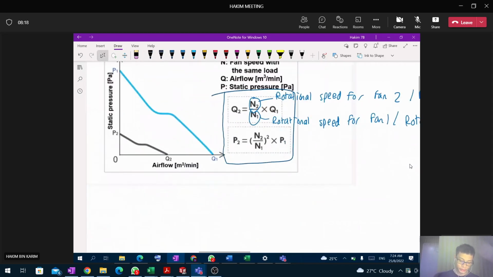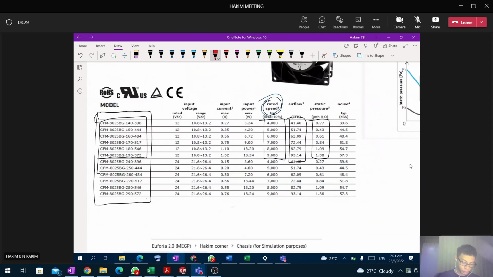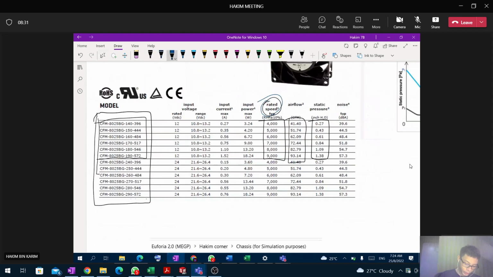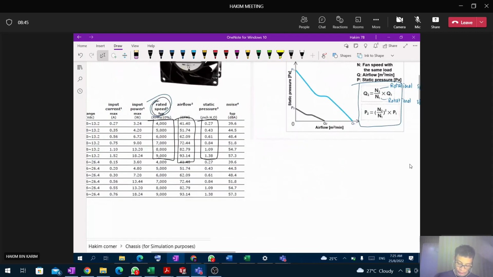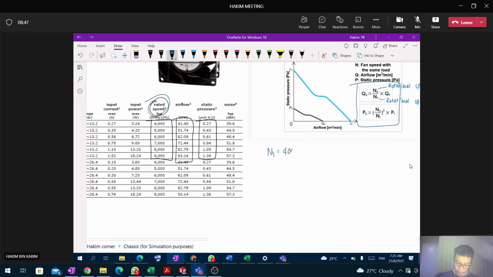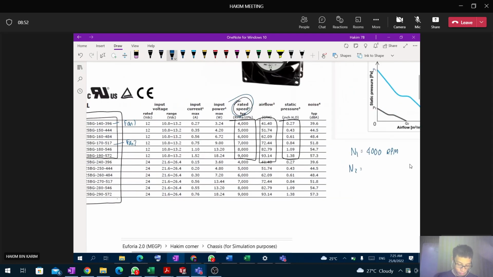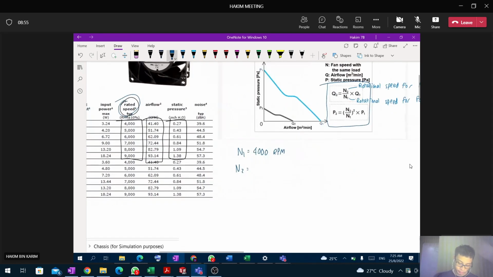So Q is airflow, we all know this. P is static pressure. Let's try to apply this formula. Let's assume this is fan 1 and this is fan 2. Fan 1 has a rated speed of 4000 rpm, so N1 is 4000 rpm, N2 is 7000 rpm.